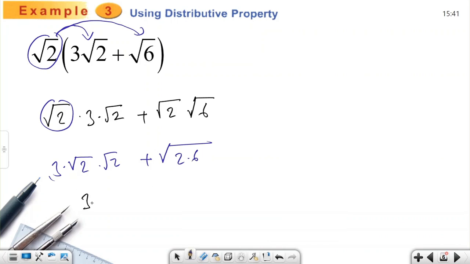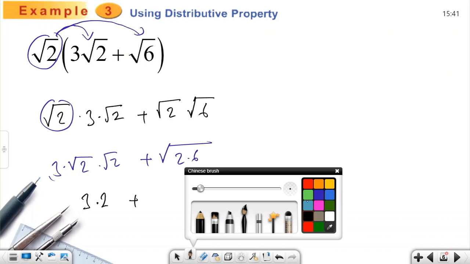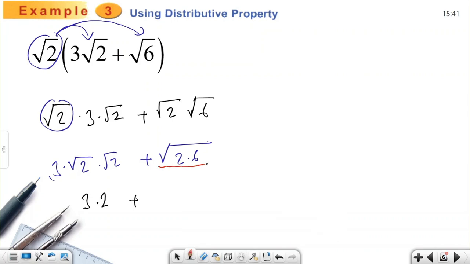Okay, 3 square root of 2 multiplied by square root of 2 is 2, so 3 times 2 plus 2 times 6 is 12. I don't want to write another step here, so I can write square root of 12, which is square root of 4 times 3, equal to square root of 4 multiplied by square root of 3, which equals 2 square root of 3.